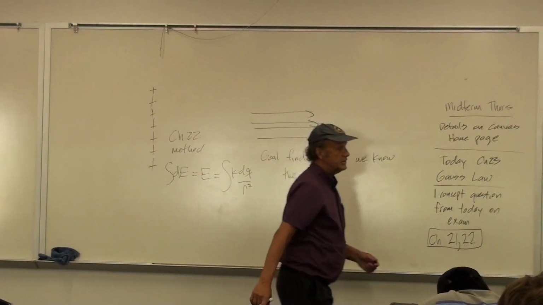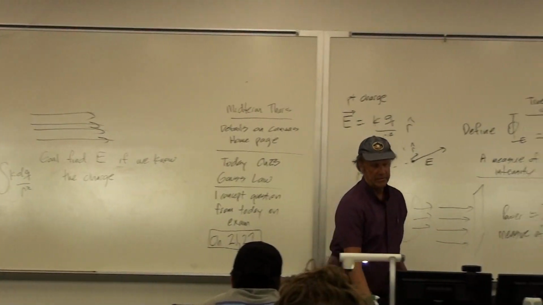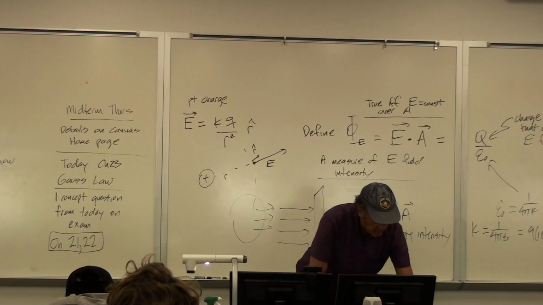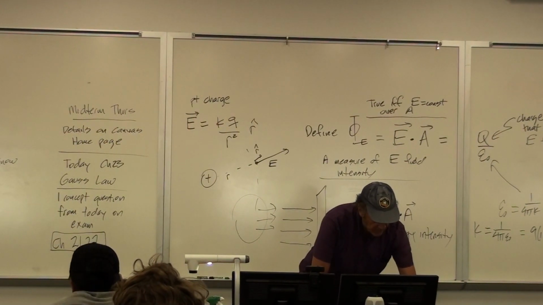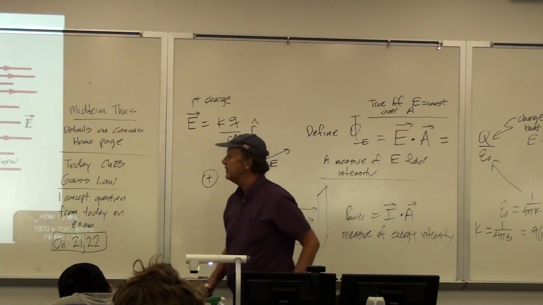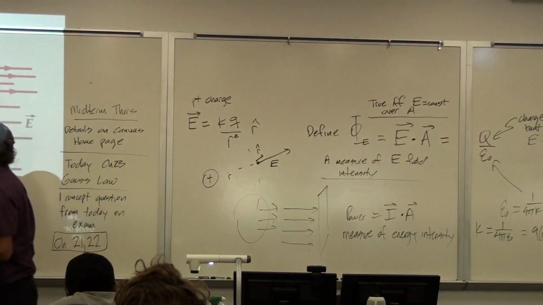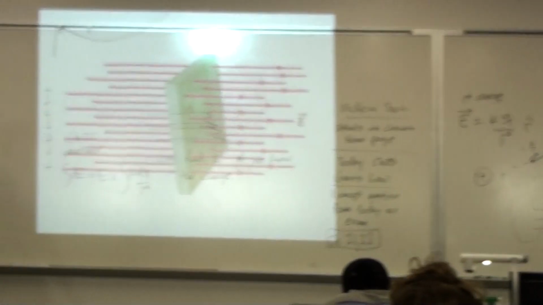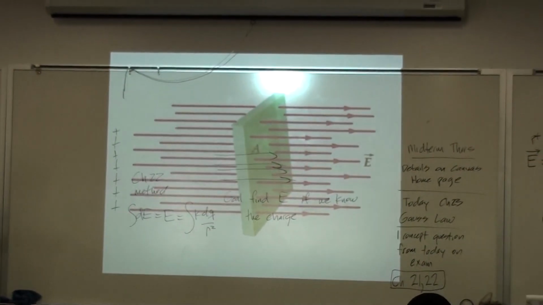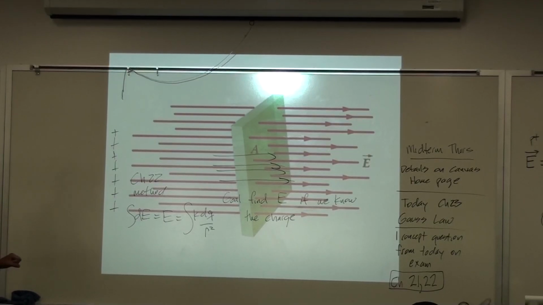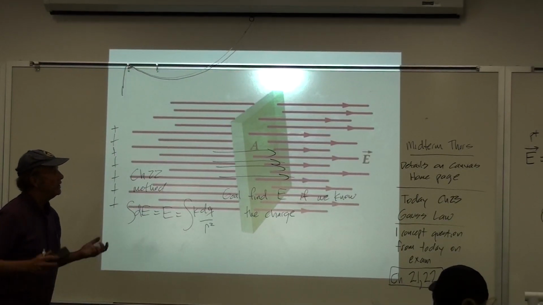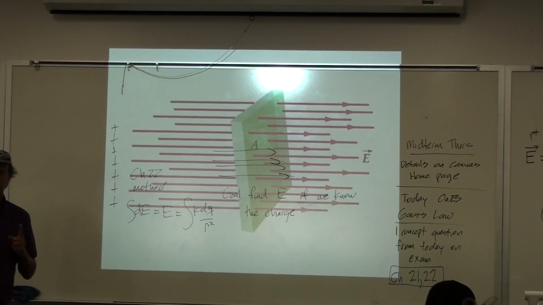And so let's just get used to how we calculate flux first. And then I'll apply this to the different examples that we've already looked at in chapter 22. So basically what I'm going to be doing today is showing you how easy some of these problems are. The infinite line of charge, the infinite plane of charge, the point charge. We can get all those electric fields in one step.